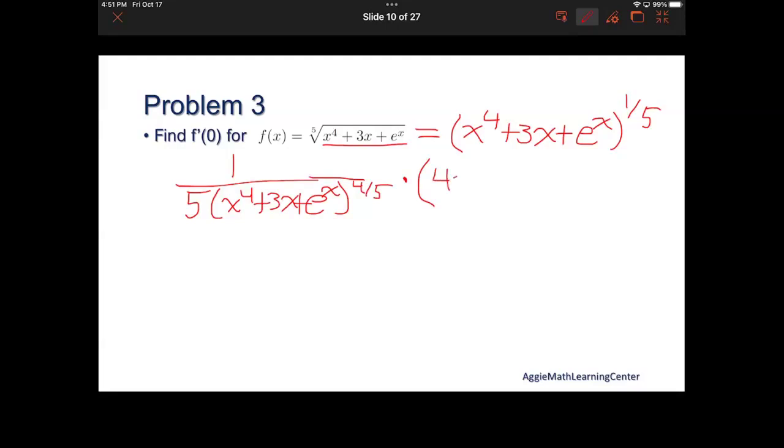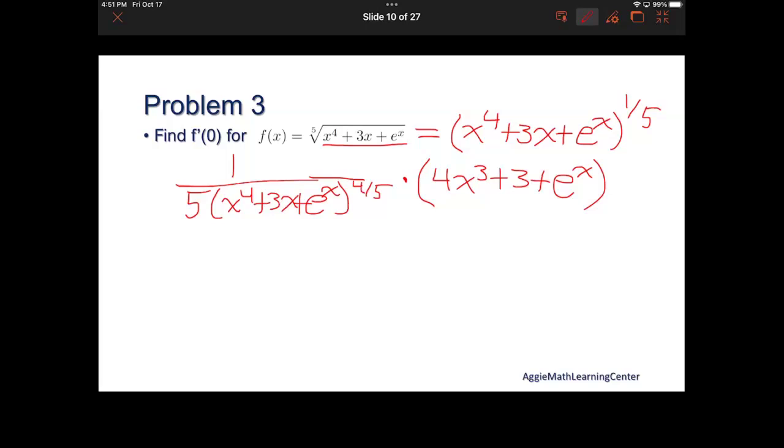4x cubed plus 3 plus e to the x. Yeah, perfect. Not too hard for us to remember, especially that e to the x is pretty easy. And that is, I believe, it for this function, besides now plugging in 0.